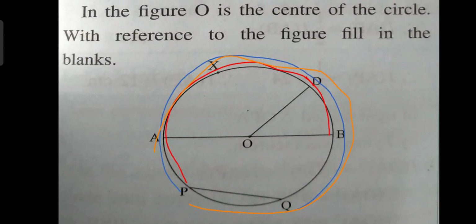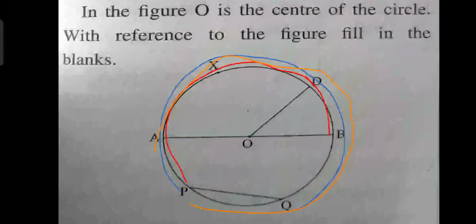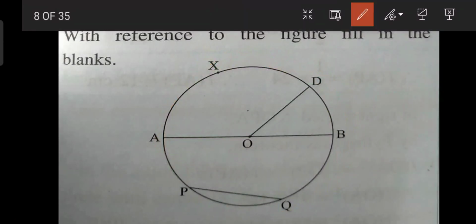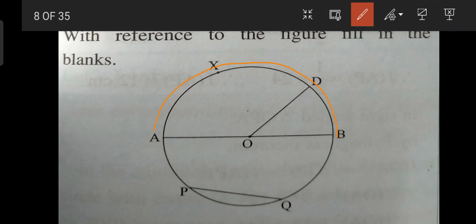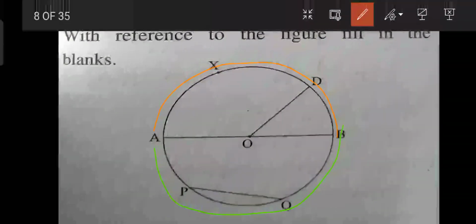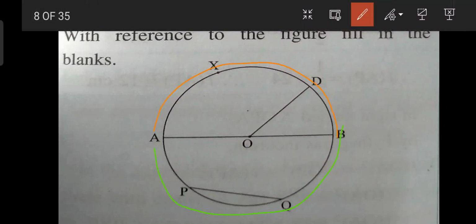Now let us see which are the semicircular arcs. Over here the semicircular arcs given are ADB, because AB is the diameter that is dividing the circle into two halves, and the other semicircular arc is APB, or you can also name it AQB.